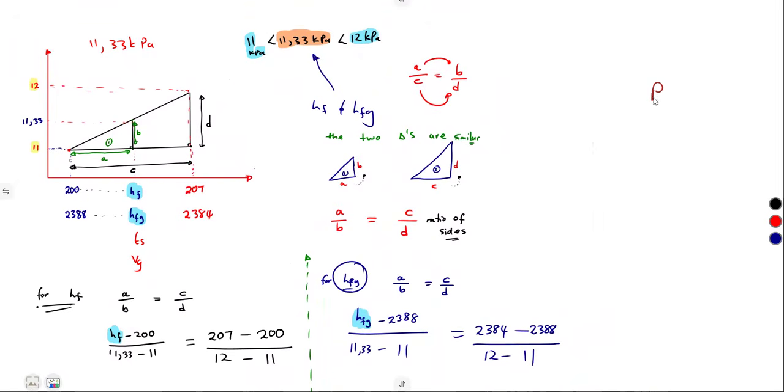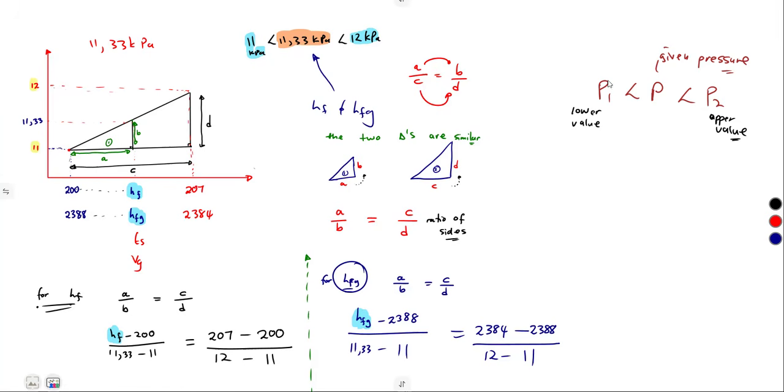So let's say this is our P, the given pressure. We can say the given pressure P is greater than P1 but less than P2, where P1 and P2 are the boundaries. P1 simply represents the lower value, and P2 the above or upper value.